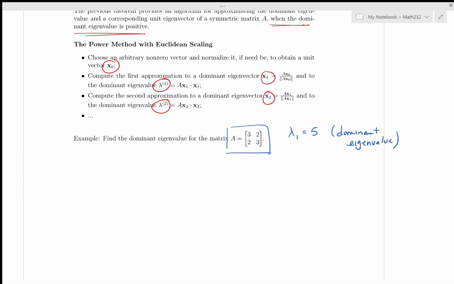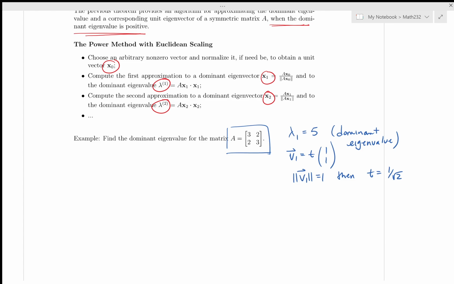Find the eigenvalues of this, and then you could find the corresponding eigenvector, which looks like this. Like that. And then if I want it to be normalized, if I want the norm of v1 to be equal to 1, then I select t equals 1 over root 2. So the dominant unit eigenvector is 1 over root 2, 1 over root 2.